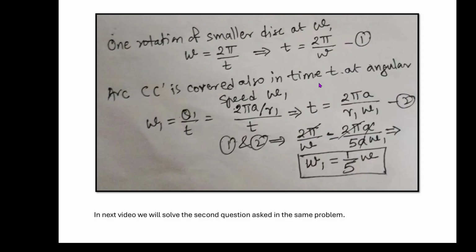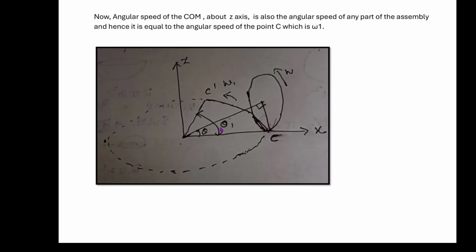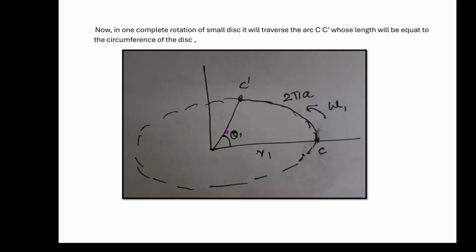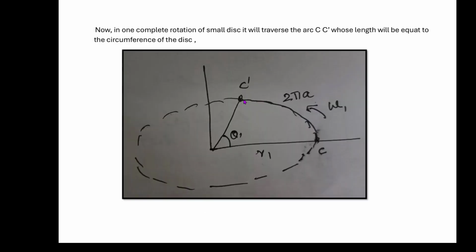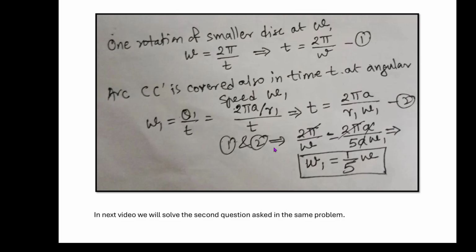And the arc CC dash is covered in the same time interval. So omega 1 equals theta 1 upon t. And how do you calculate theta 1? 2 pi a, the arc, upon the radius, because radius into theta 1 is 2 pi a, right?